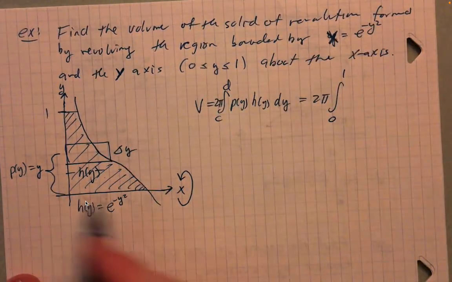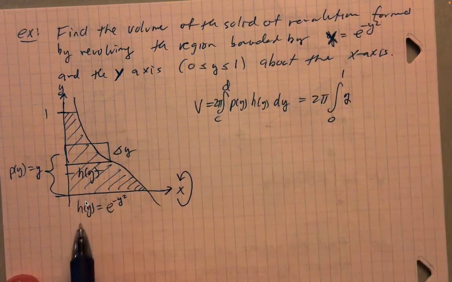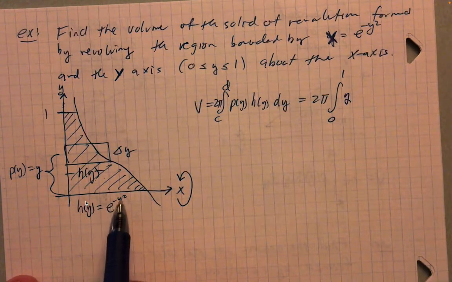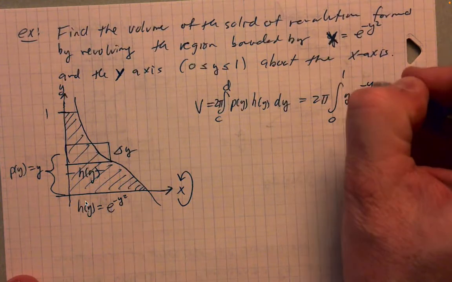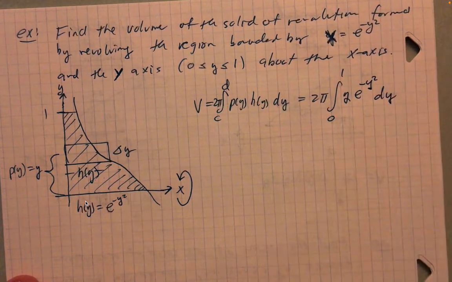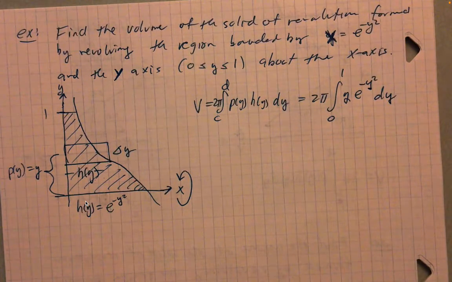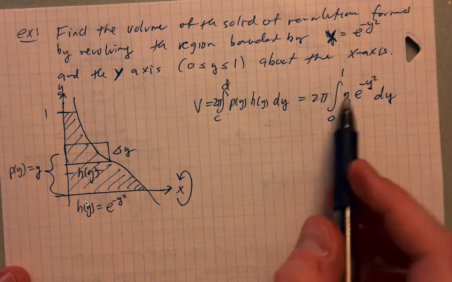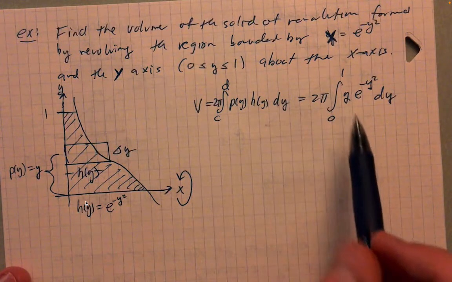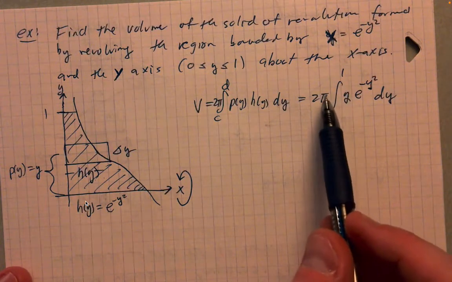Our p of y we see is y, and our h of y is e to the negative y squared. So this is what our integral looks like. Can we integrate this? Yeah, we definitely can integrate this.